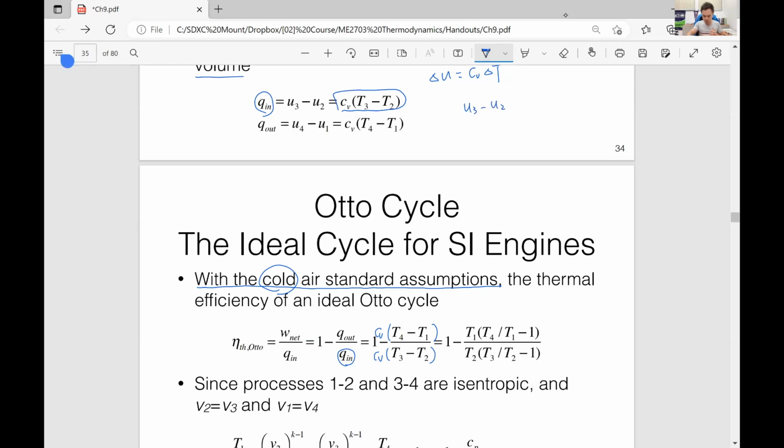minus U2 is supposed to be Cv average times T3 minus T2, right? Because we know the specific heat varies with temperature. But if the temperature variation is not too much, we can use the average specific heat instead of performing a tedious integration, right?